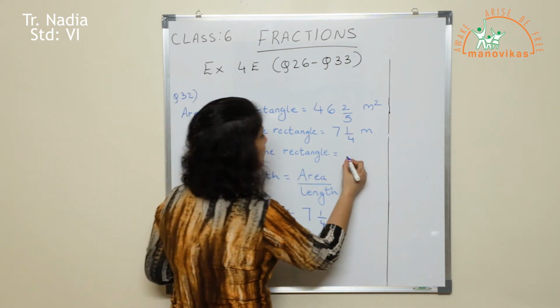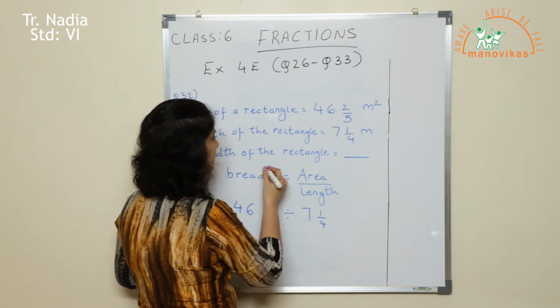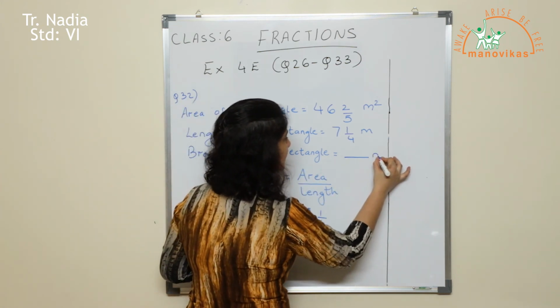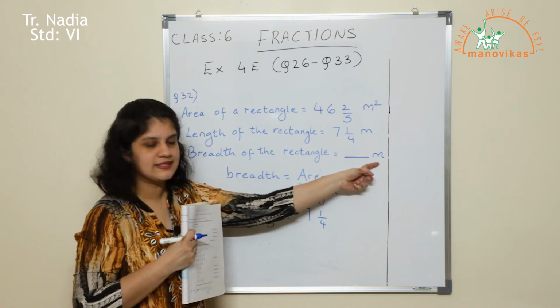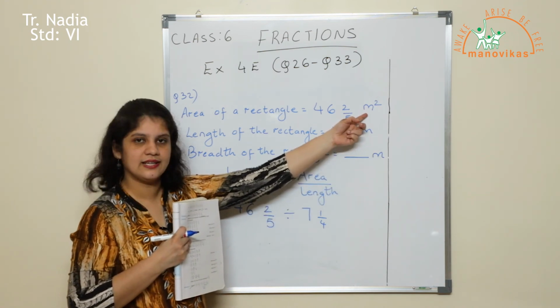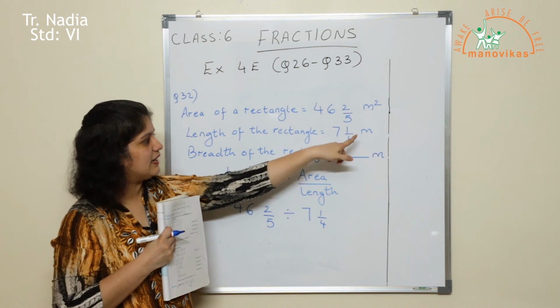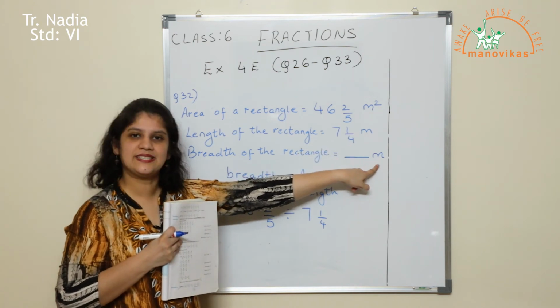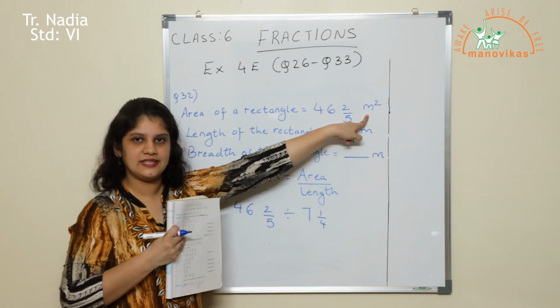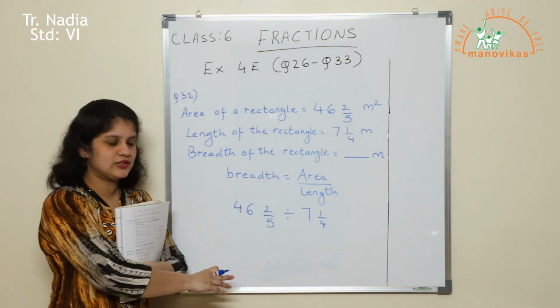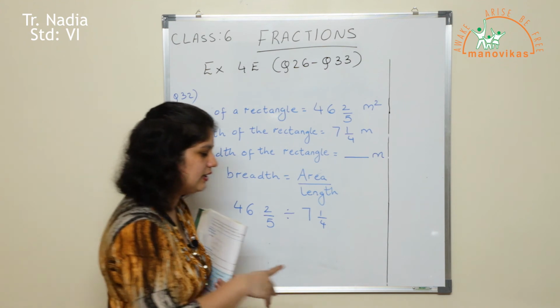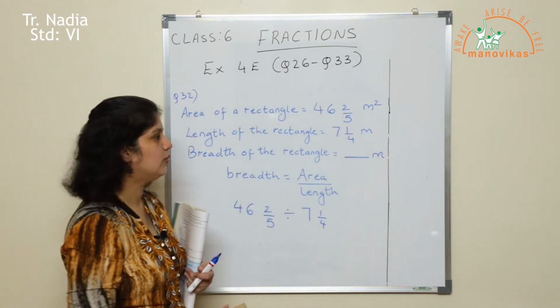So whatever answer you get will come here, which will be the breadth of the rectangle, and the unit will be meters. So the unit of length and breadth is meter, and the unit of area is meter square. If the unit of length and breadth would be centimeter, area would be in centimeter square. Okay, I hope you all can work this out further. So I'm not going to solve it more for you all. Rest of it you all have to do on your own.